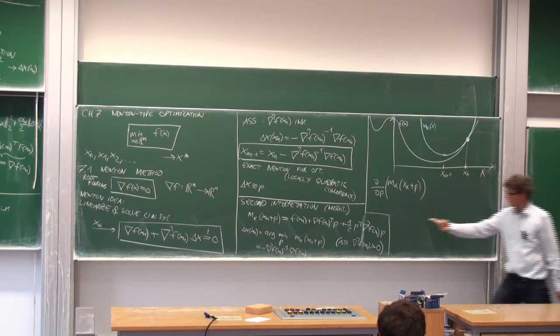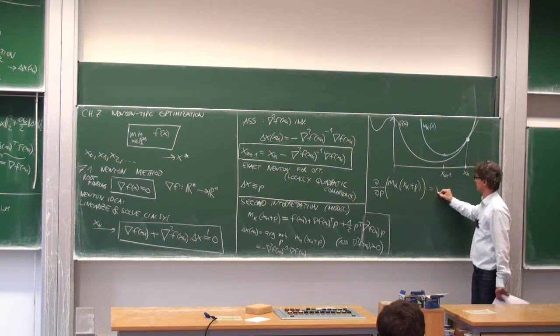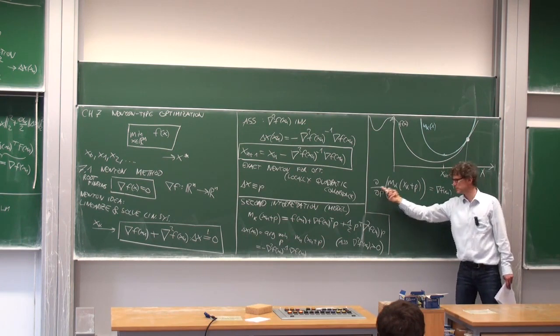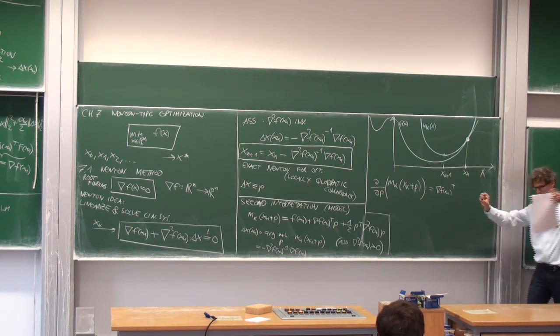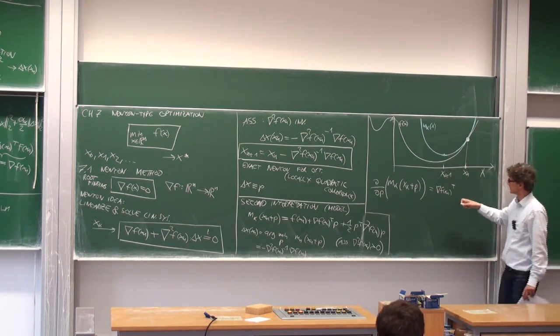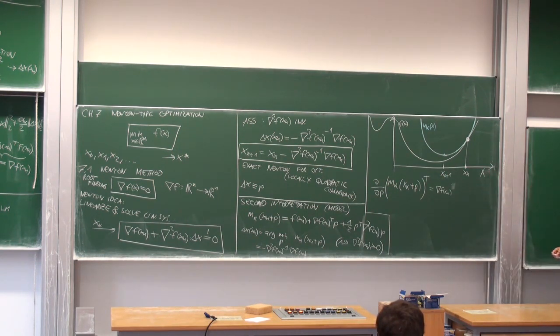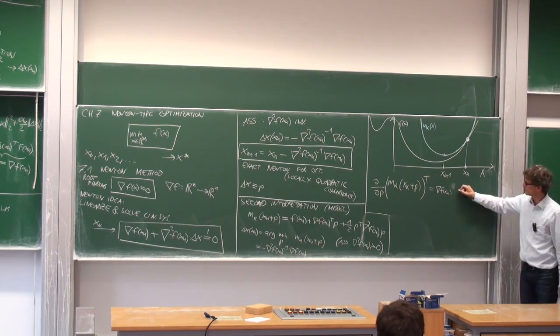If I look at this, I get nabla f of x_k transpose, because differentiating by p gives a vector, so I could omit this transpose by making a transpose here. Then I have fewer transposes to write overall.